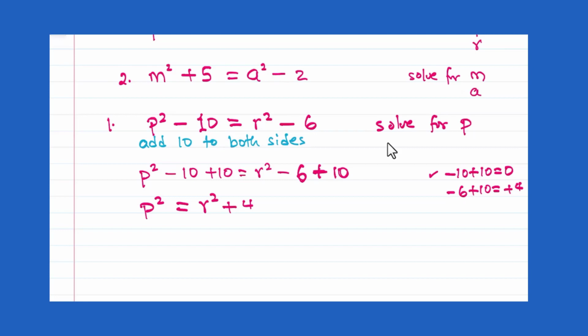And we have minus 6 plus 10. It's as if we are saying you are owing $6 and you have $10. So if you pay that, you have $4 left, plus 4. So rearranging, we have p squared is equals to r squared plus 4.